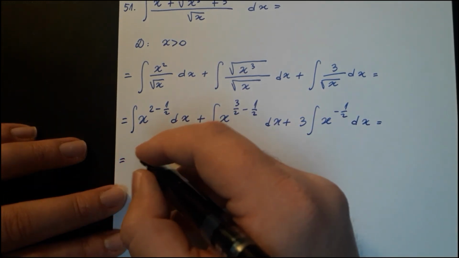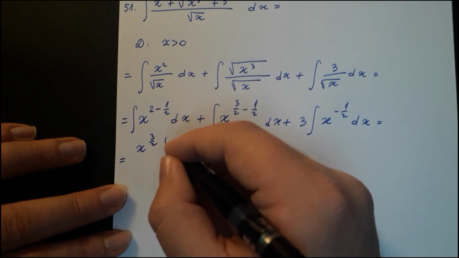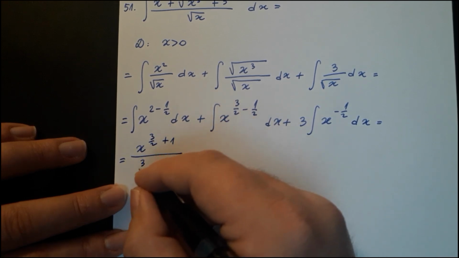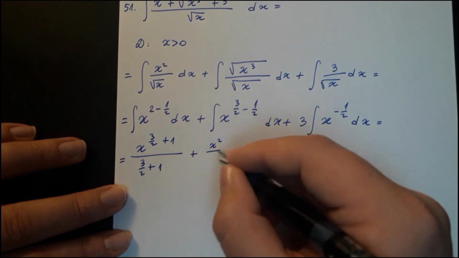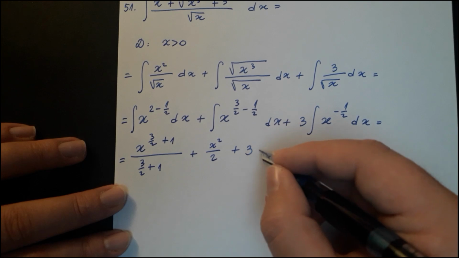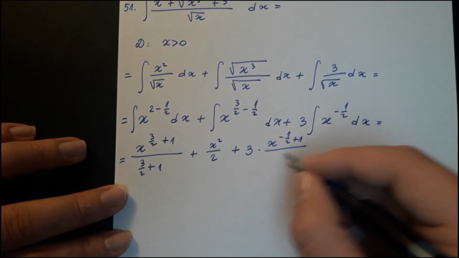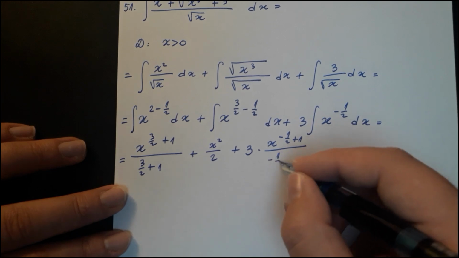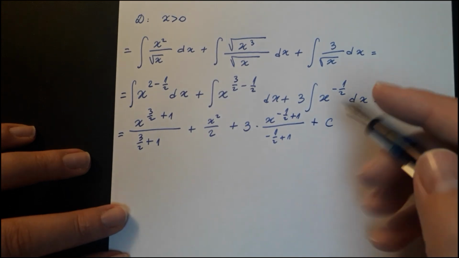And then this is equal to x to the power 3/2 plus 1 divided by 3/2 plus 1 plus x squared divided by 2 plus 3 times x to the power negative 1/2 plus 1 divided by negative 1/2 plus 1 and plus an arbitrary constant c.